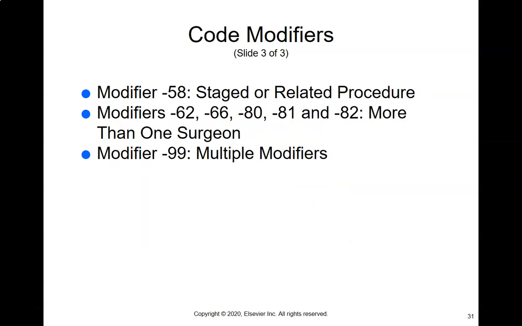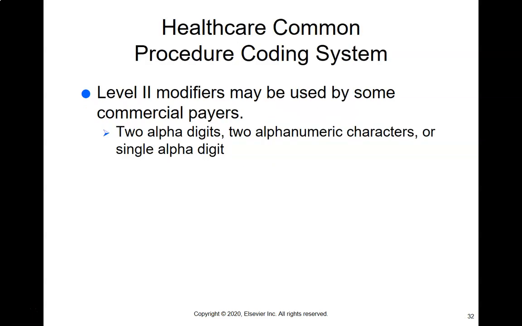Modifier 58 is staged or related procedure. Modifiers 62, 66, 80, 81, and 82 are more than one surgeon, and modifier 99 is multiple modifiers.